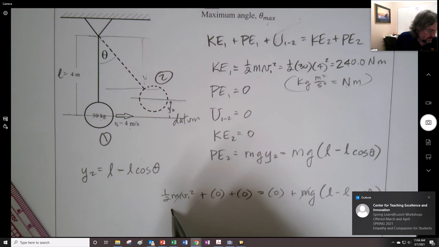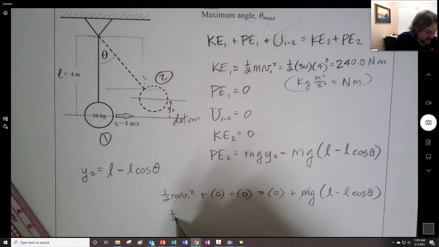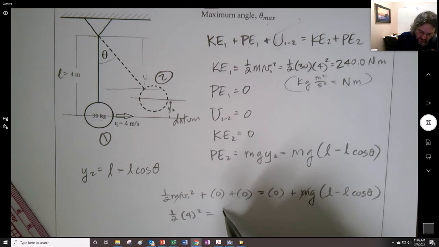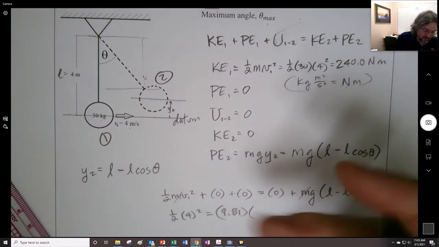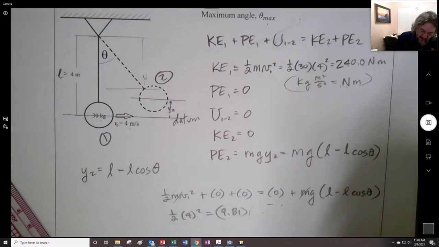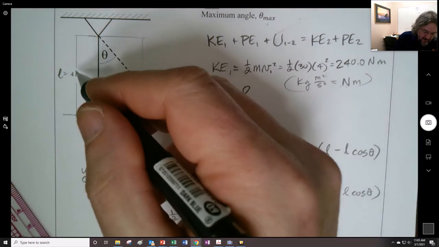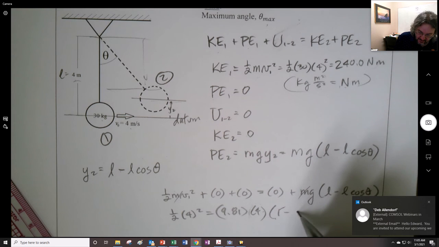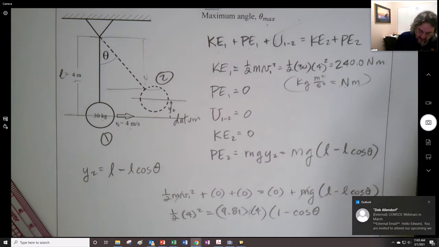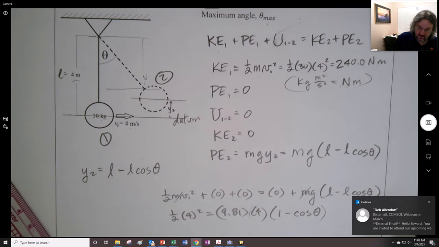So we end up with 1/2 times v squared, so that's 4 squared. It's going to be equal to, and we're dealing with the metric system, so 9.81 times the length. And let's bring the length out of this. The length is 4 meters. So that's interesting. And I have 1 minus the cosine of theta right here.